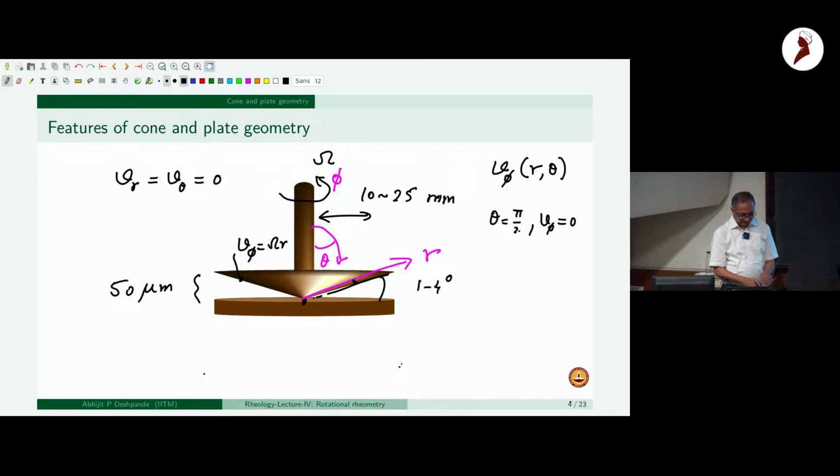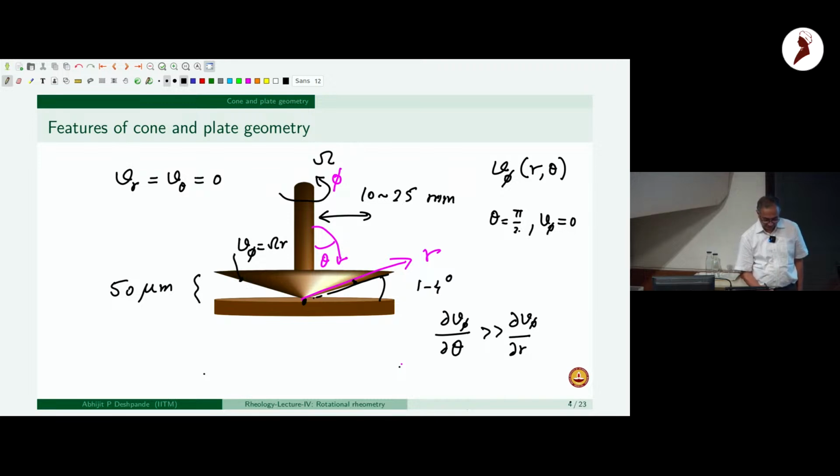And the way the construction of this cone allows us to make this particular judgment is that the variation of velocity with respect to theta is going to be much larger than the variation with respect to r. Right? Because V phi varies from 0 to omega r.